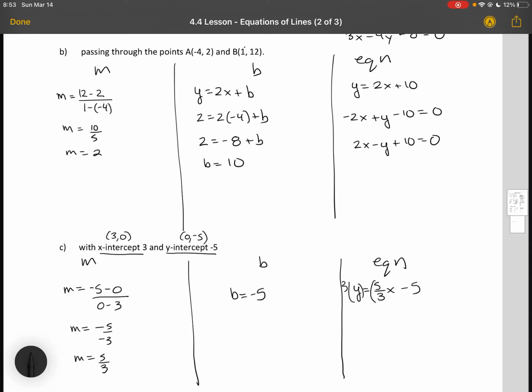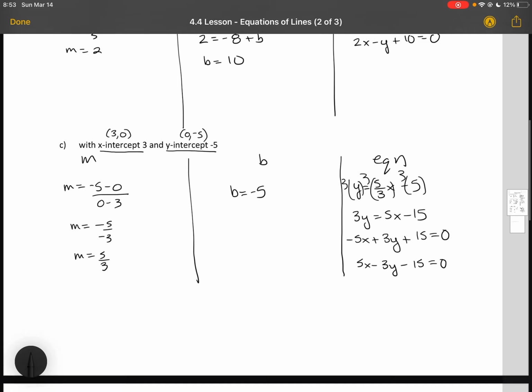Multiplying everything by 3 to clear the fraction leaves me with 3y equals 5x minus 15. Now I can move everything over onto the left-hand side by changing the signs of the terms that move across the equal sign. And finally, I can multiply everything by -1 to make sure that the a value is positive.